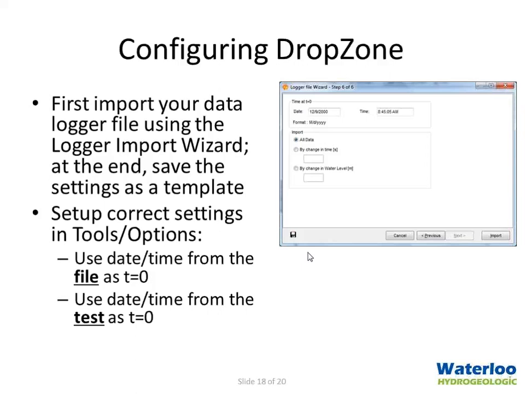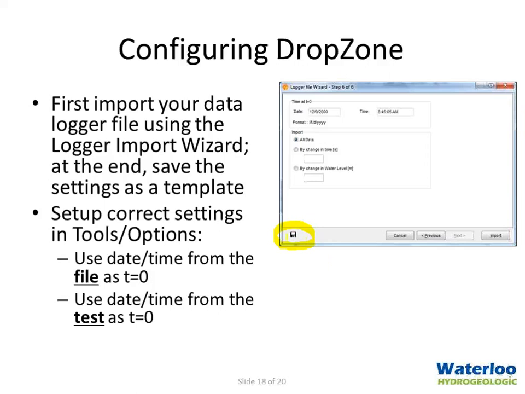So as mentioned, in order to configure this option, first you need to go through the data logger file wizard once with your specific data logger file. At the end of that wizard, be sure to save the settings as an option or as a template for reuse, and that will then appear as a new panel on the DropZone on the previous screen.